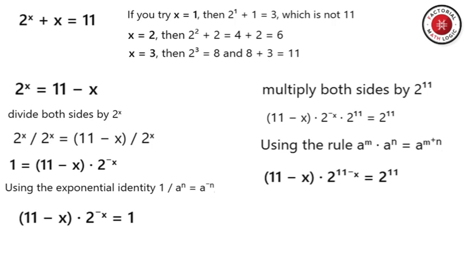Now convert the base 2 exponent into exponential form using e to the power ln a equals a. So 2 to the (11 minus x) becomes e to the (11 minus x) times ln 2. Our expression becomes (11 minus x) times e to the (11 minus x) times ln 2 equals 2 to the 11th.